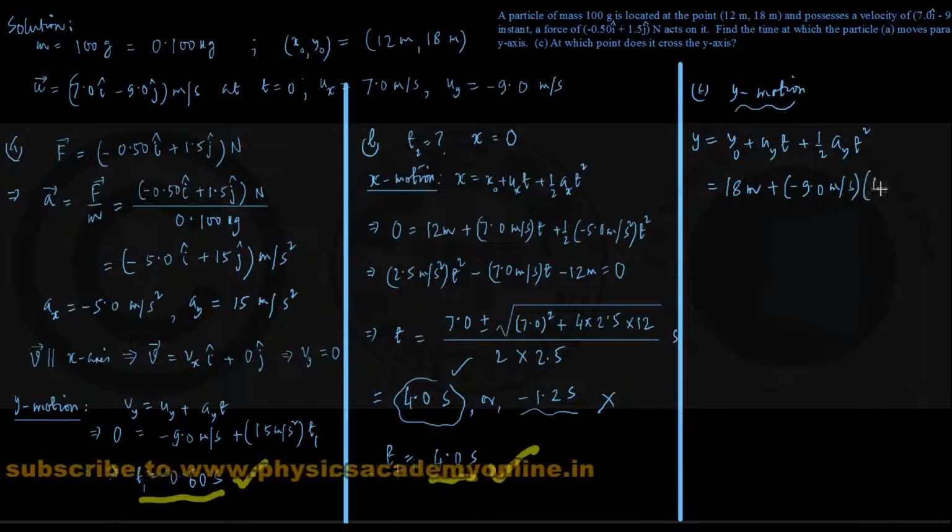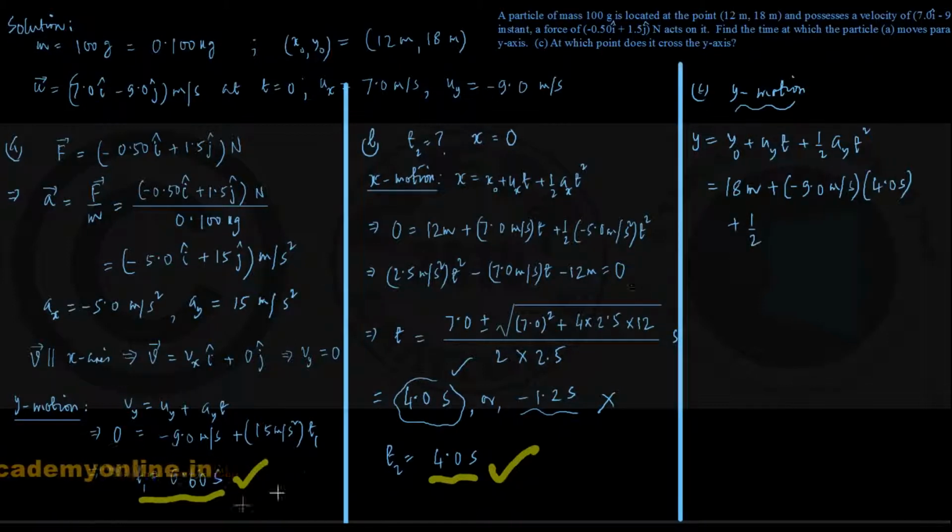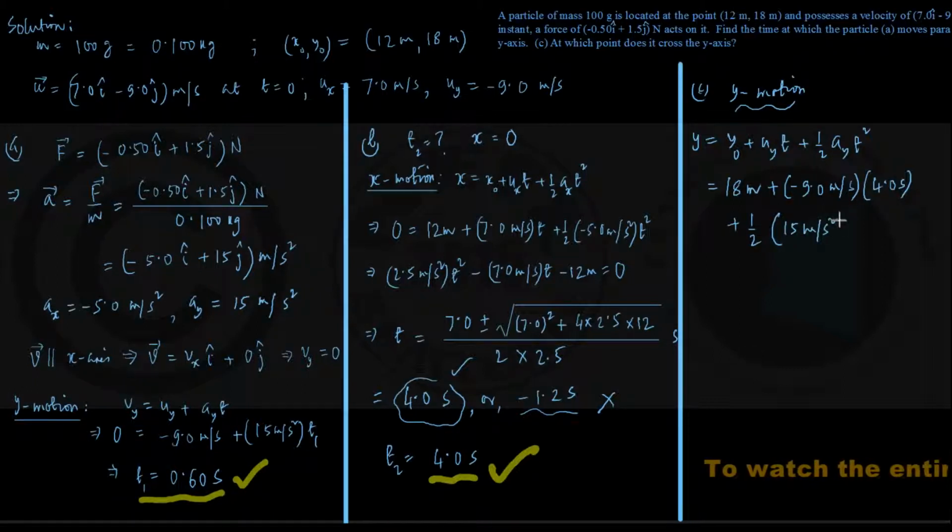So this is into 4.0 second plus half ay, acceleration y component, 15 meter per second square, already listed. So it is half into 15 meter per second square into time squared, and that is 4.0 seconds squared.